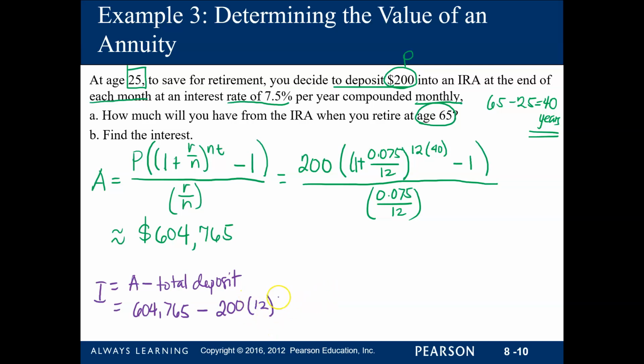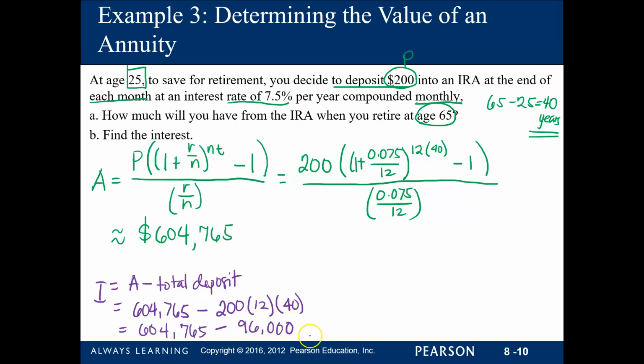For how long? For 40 years. Okay? So all in all, your deposit was 200 times 12 times 40, you'll get a total of $96,000.